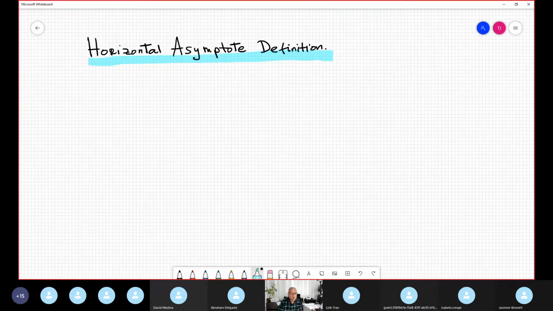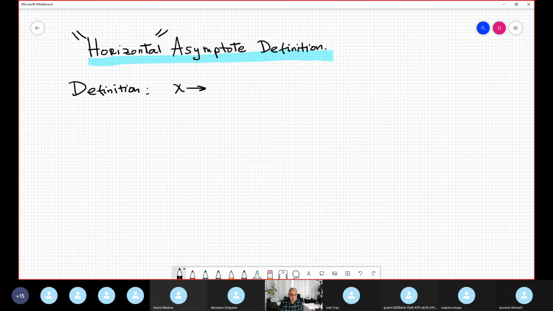But one important thing is the horizontal asymptote. Let me give the definition first, to understand what that is. Definition of horizontal asymptote. This is similar to the end behavior that we studied in polynomials.